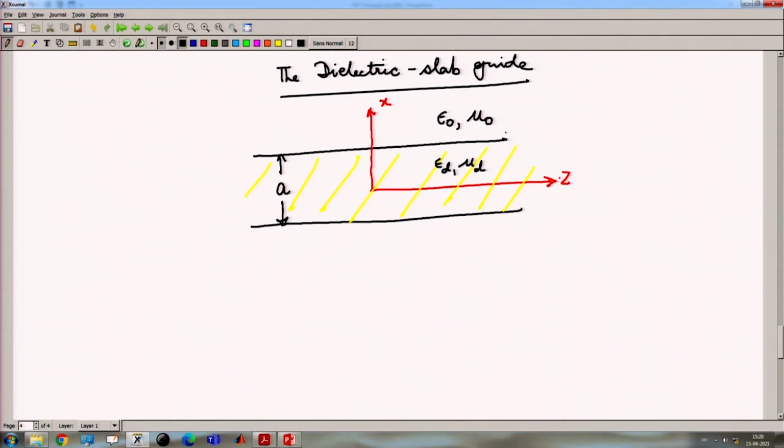So, first of all, it is important to understand that we do not always need conductors for the guidance of electromagnetic waves.